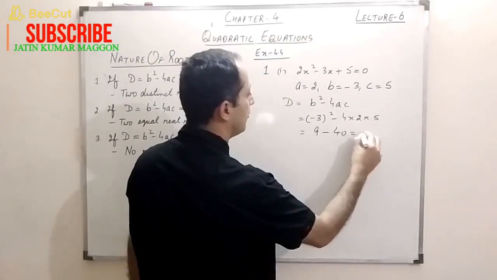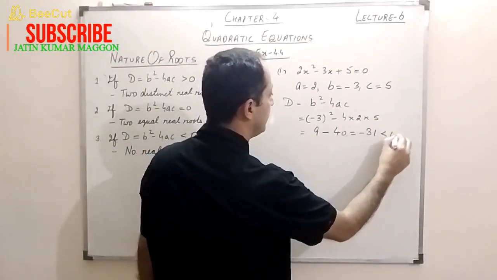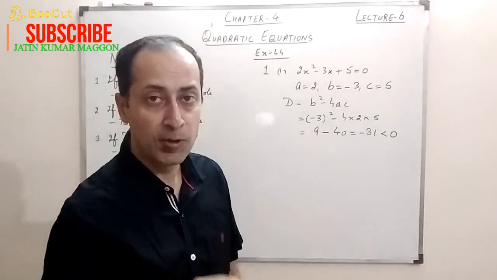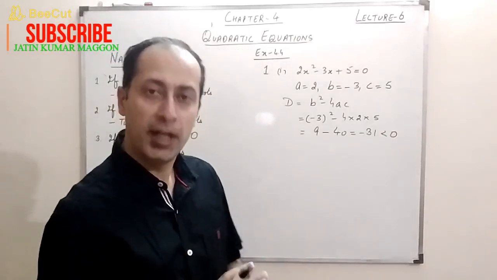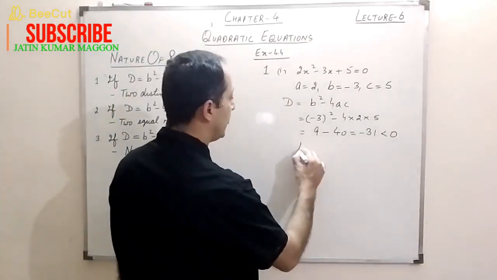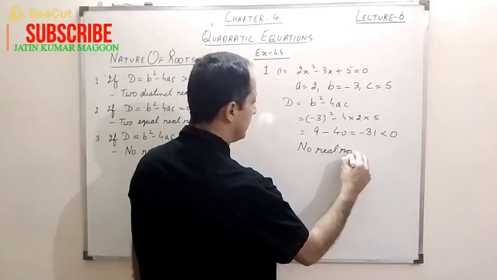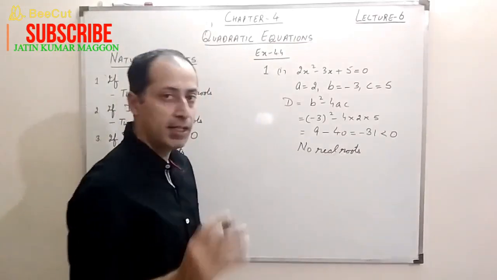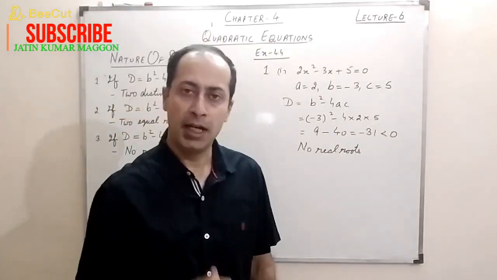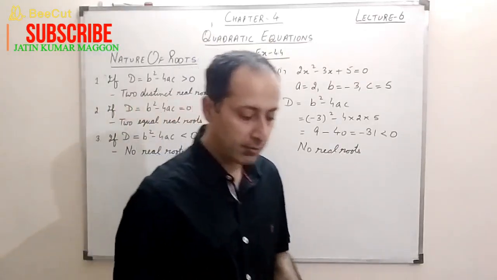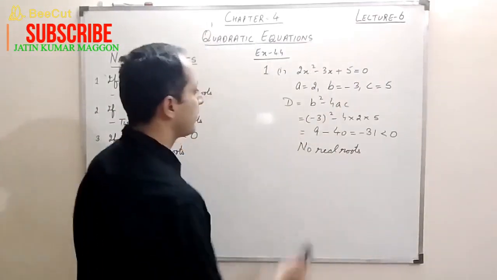So this is minus 31, and since this is less than 0, we write no real roots. If the roots are not real, we are not going to find the roots, right? Now let's take one more part of this question.